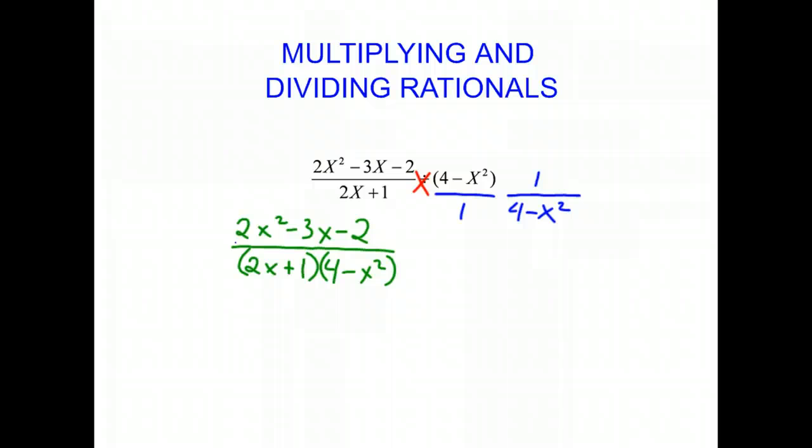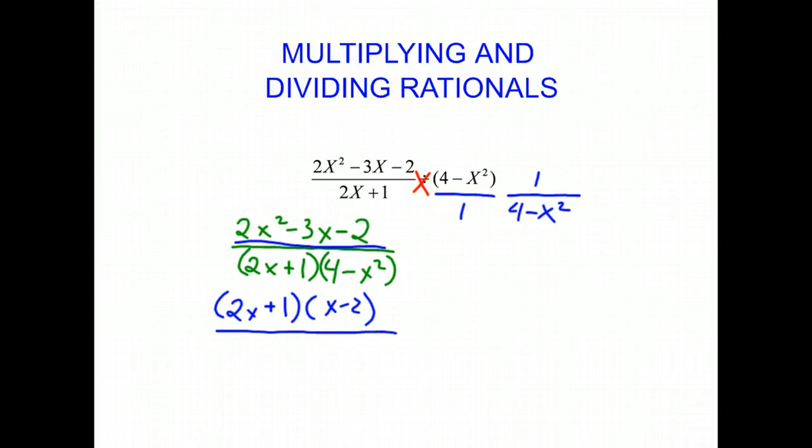So this is going to become 2x plus 1 times just this x minus 2. The denominator does not change, so it's 2x plus 1 times the 4 minus x squared.